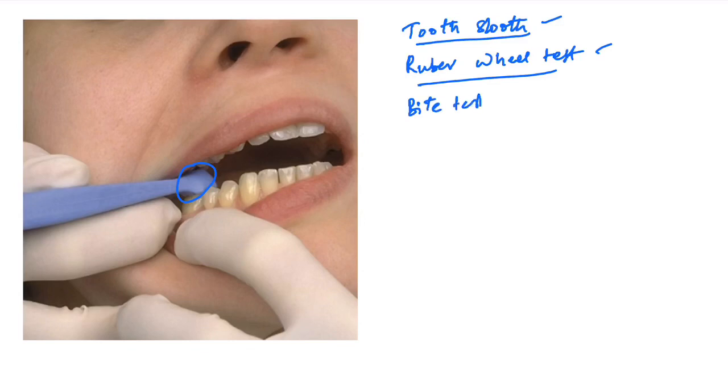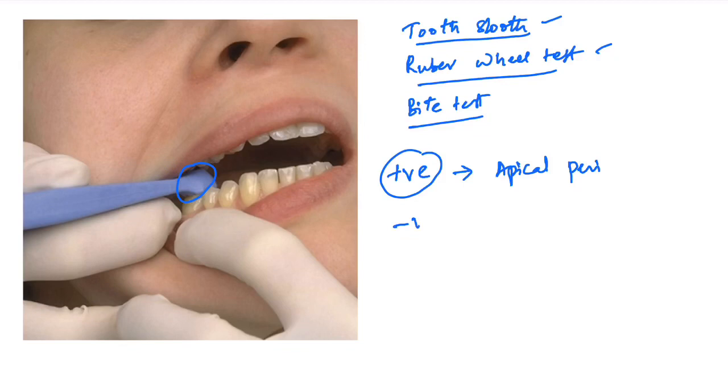You'll ask the patient to bite on this slooth. Whenever the patient responds with pain upon biting, you can diagnose it as apical periodontitis, meaning inflammation at the apex. And whenever the patient has a relief of pain, then you can diagnose it as cracked tooth syndrome.